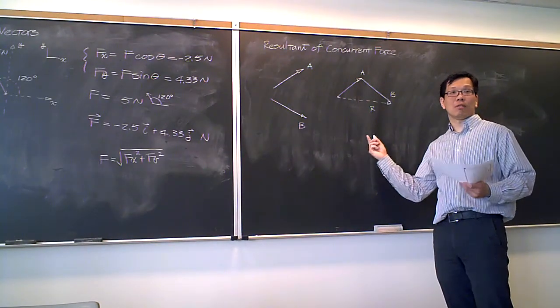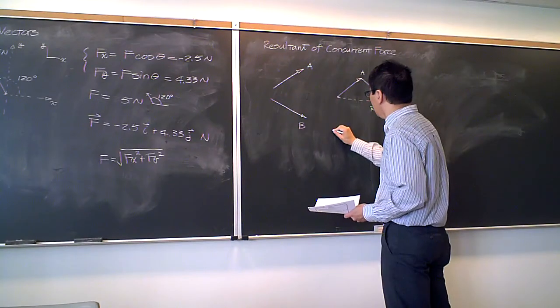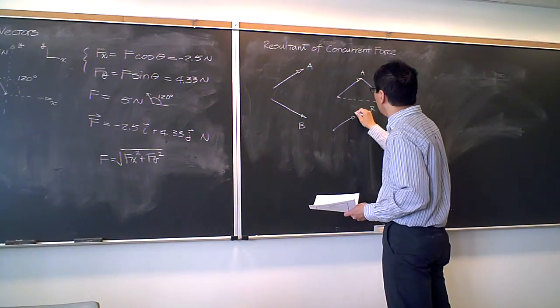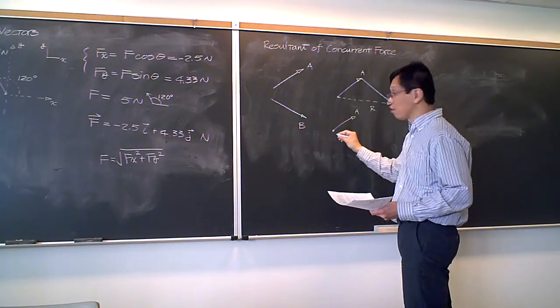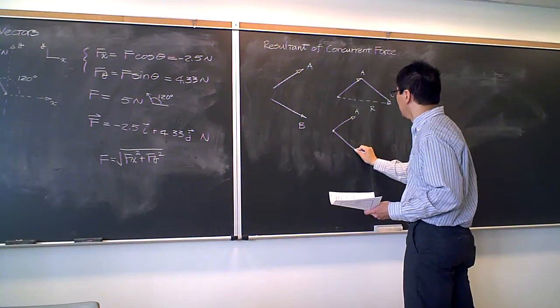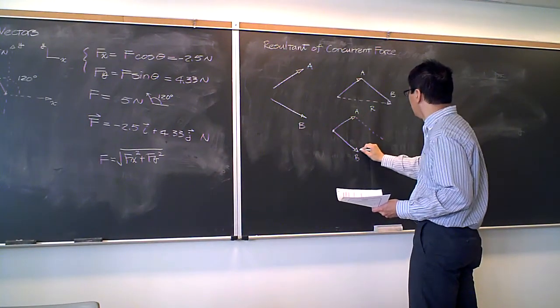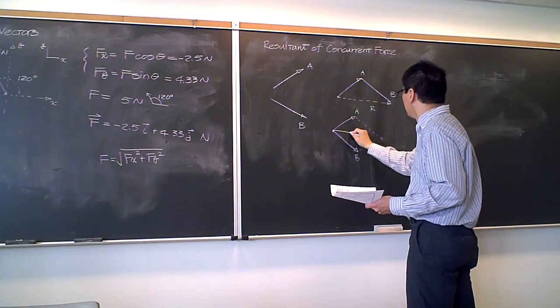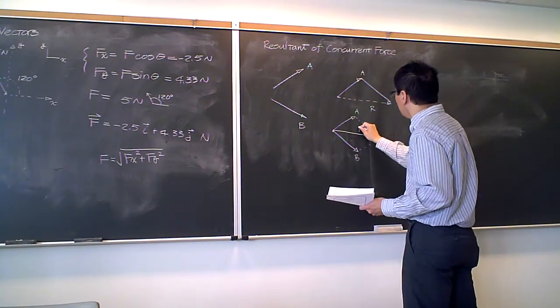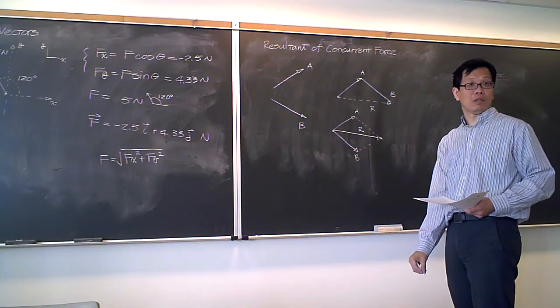The geometry method is that simple. Or, if you don't like that, for A, you just put the starting point at the same position, then B, and draw a parallel of it. That's my result.